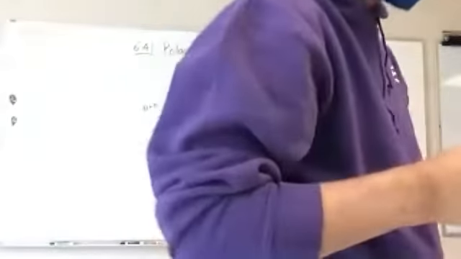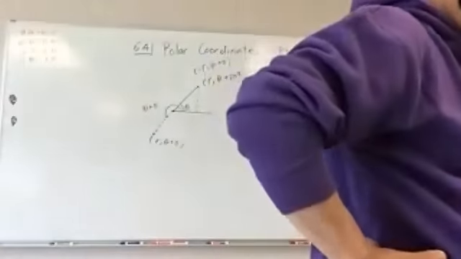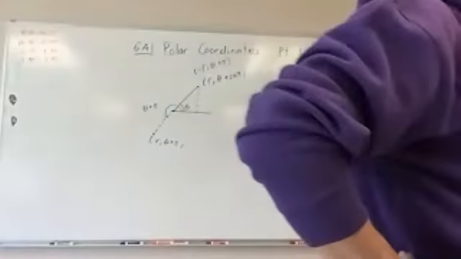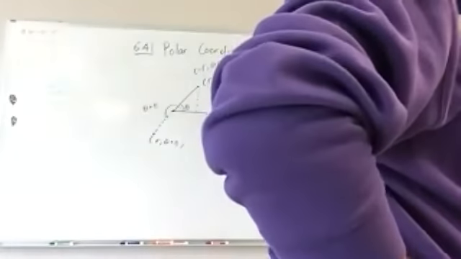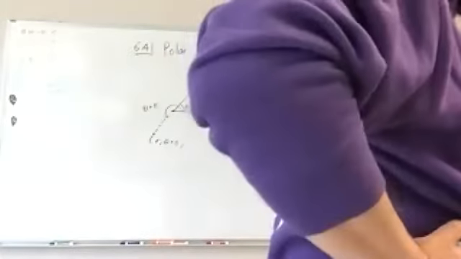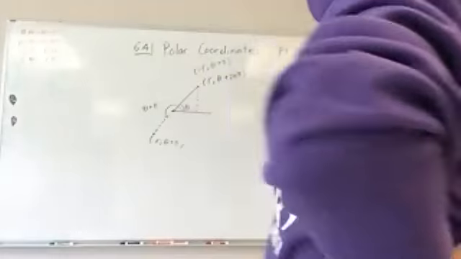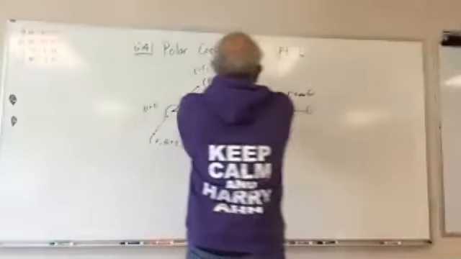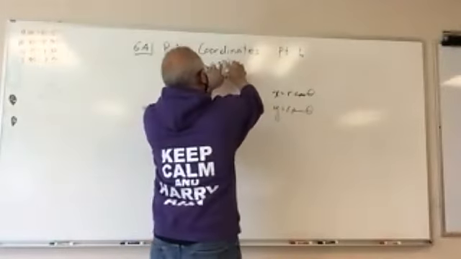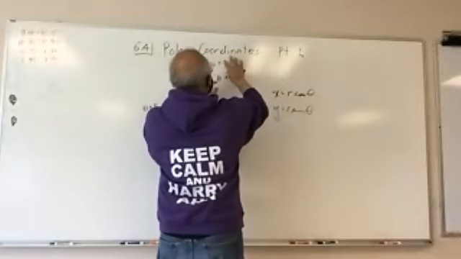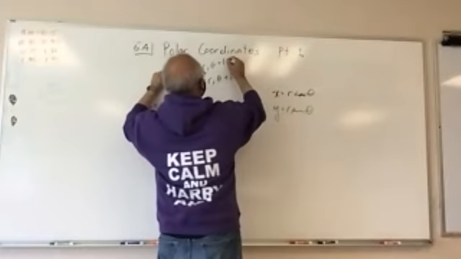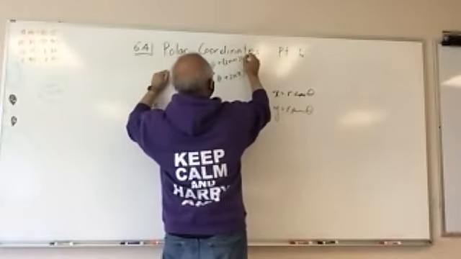Okay, so let's flip the page, go to 488. Go to 488. That little violet, purplish box, finding all polar coordinates of a point. R, theta plus 2n pi, and this is actually going to be, instead of pi, I can also go 2n plus 1 pi, right?